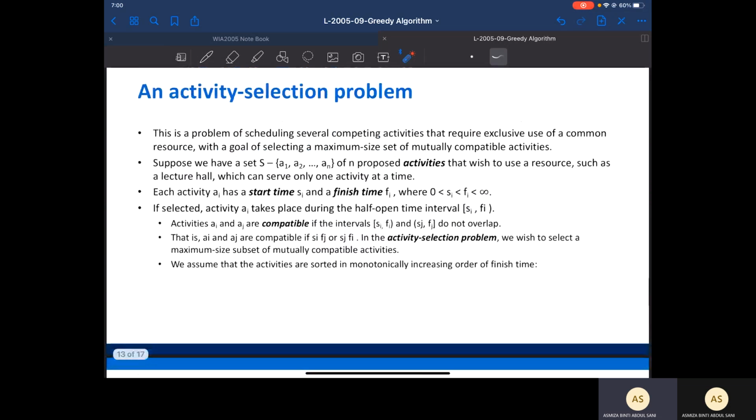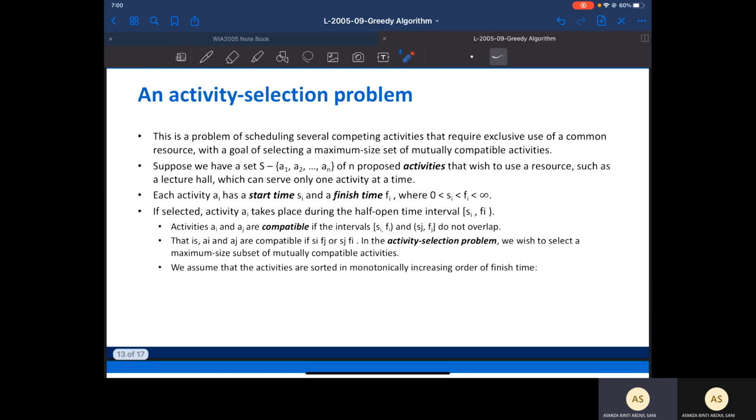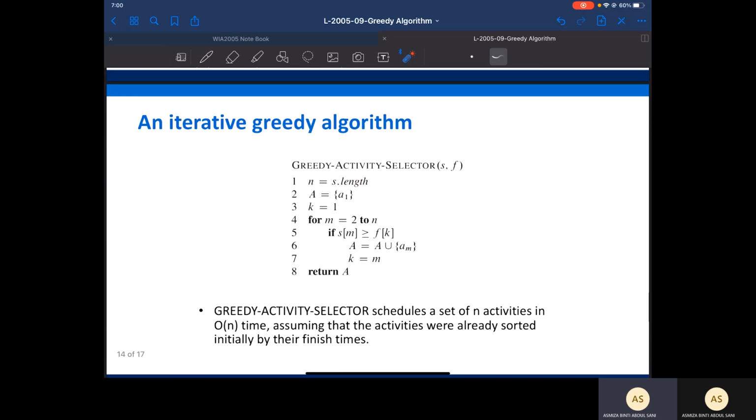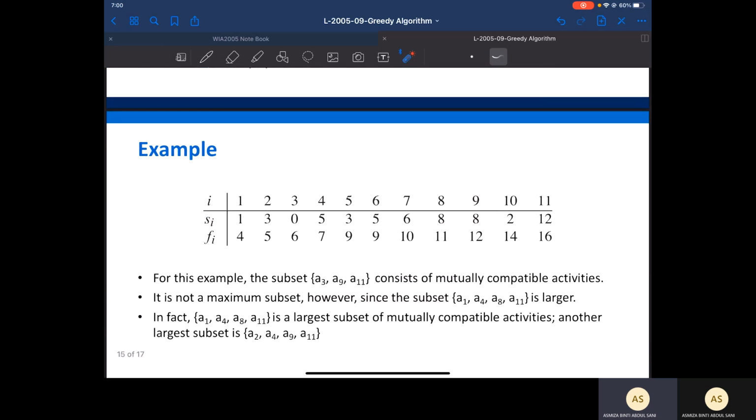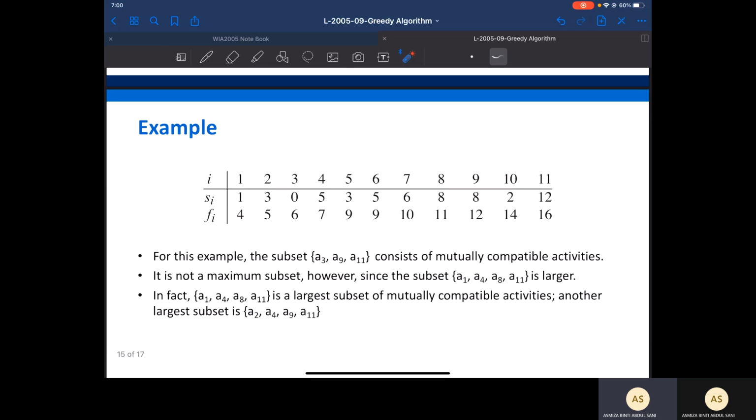So this is a problem whereby you need to provide a solution to selecting activities. Let's say for example you have these activities, and you want to schedule the most optimal set of activities that you can do out of all these activities.